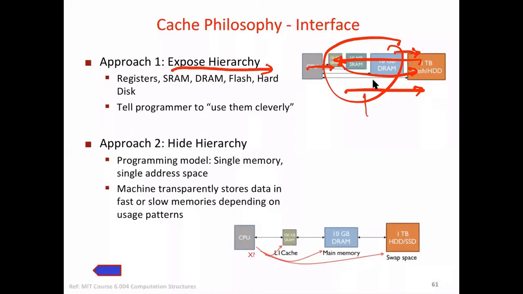Or for example, whatever data you have here, a copy may be available here, and when it becomes stale or something is written here, you'll have to make sure that it's also written here as well as here, because the copy of the data must be consistent everywhere. So now it becomes a lot of complexity. That's the reason we hide the hierarchy.